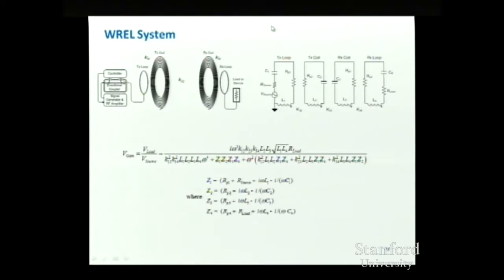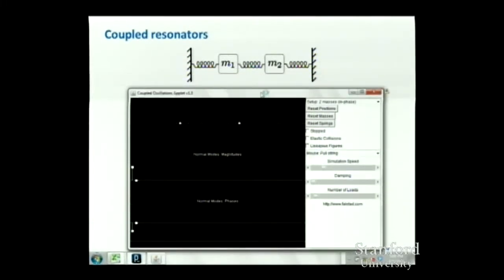Now I'm going to show you a mechanical analog for this that will give you some intuition into how it works. This is a simulation of the mass and spring system you see up here. The transmit coil is analogous to a single mass and a spring, which has a certain natural frequency determined by the mass and the spring constant, just the way the LC circuit is determined by the L and C values.